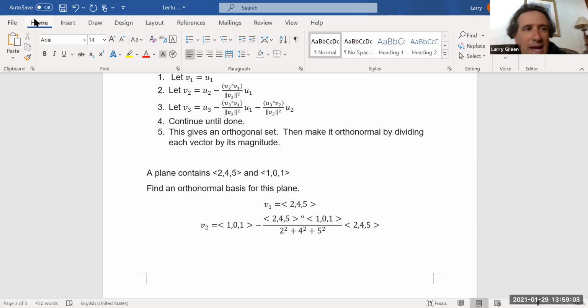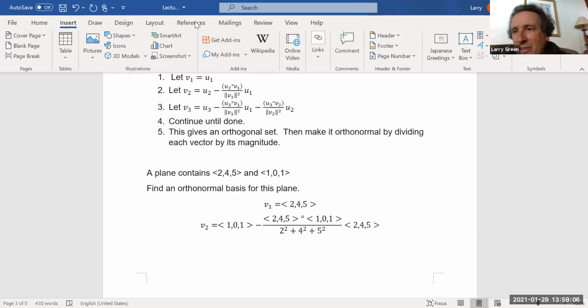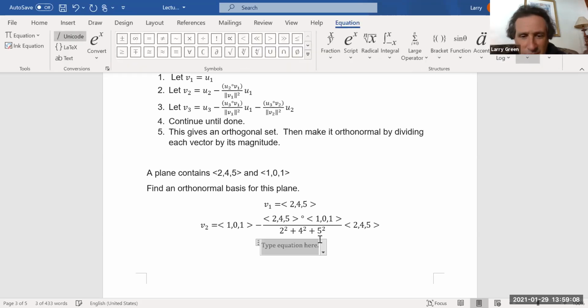All right, so now we have to deal with the mess. And that's going to be 1, 0, 1 minus, and now let's do it. So we're going to have a fraction.